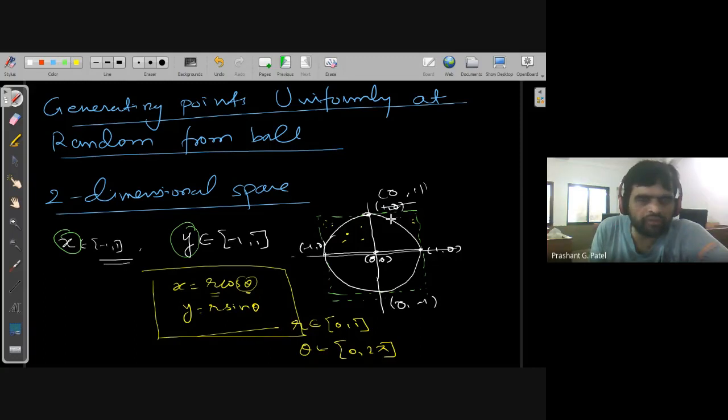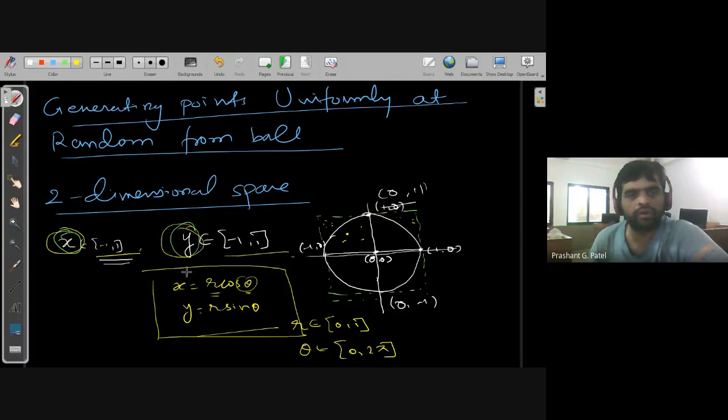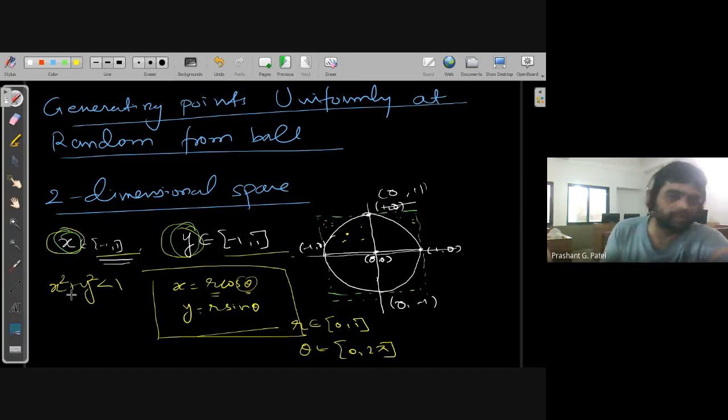So the method we are discussing generates x in the interval -1 to 1 and y in the interval -1 to 1, and then you combine them as x squared plus y squared. Whatever values are less than 1, you keep them. All other values you discard.